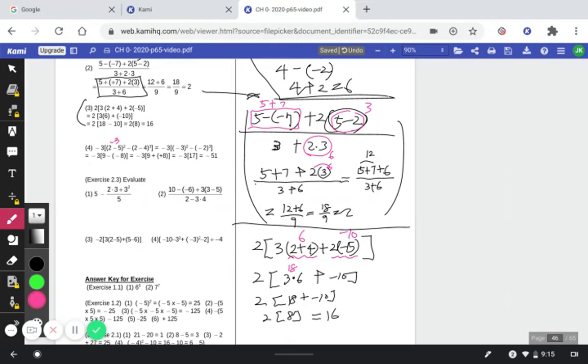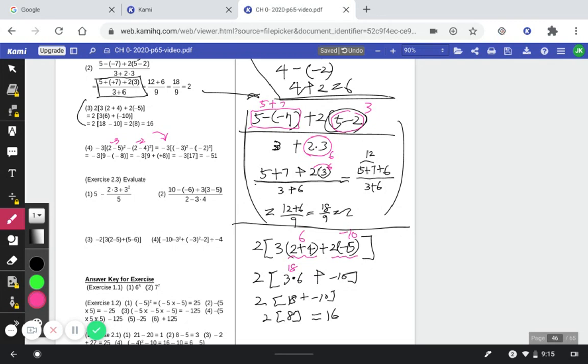And 2 minus 4 is negative 2. And you rewrite this. So the next line becomes negative 3 multiplied by quantity of negative 3 squared minus quantity of negative 2 to the third.